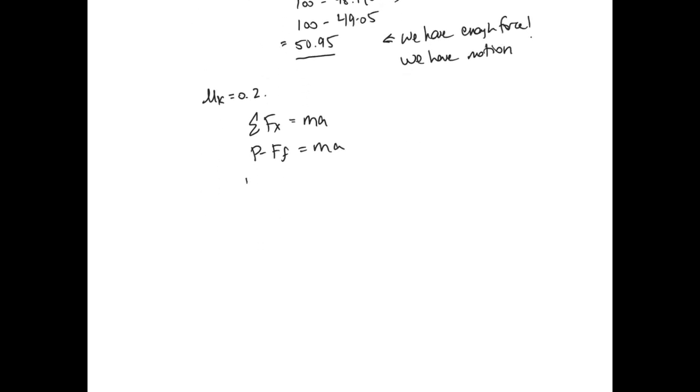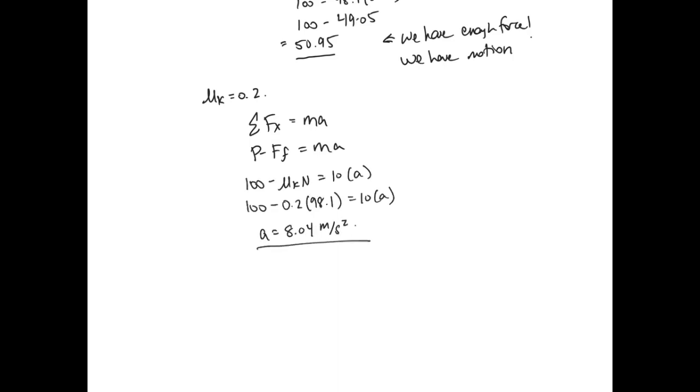So then we have 100 minus mu k N is equal to the mass, which was 10, times A. So this is 100 minus 0.2 times 98.1 is equal to 10 times A. Then A is equal to 8.04 meters per second squared.